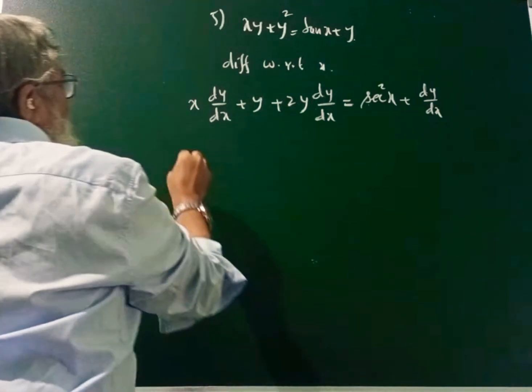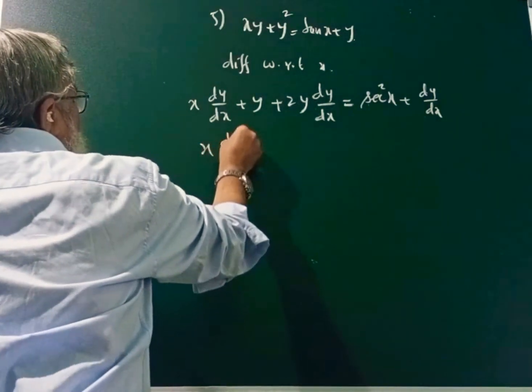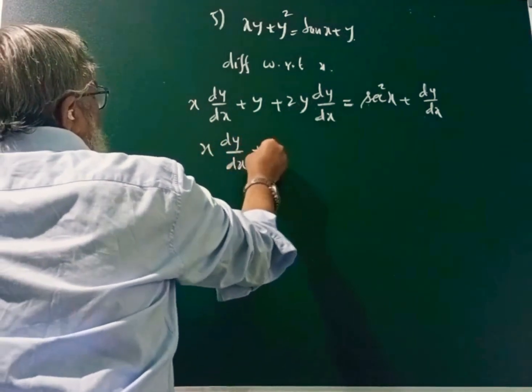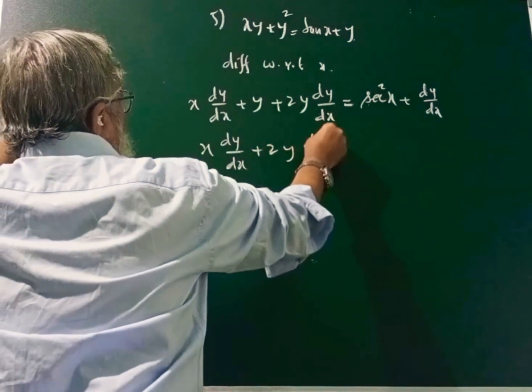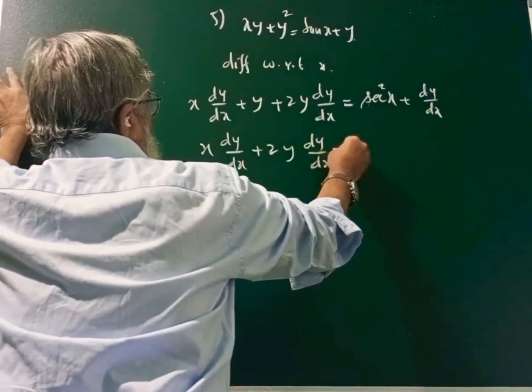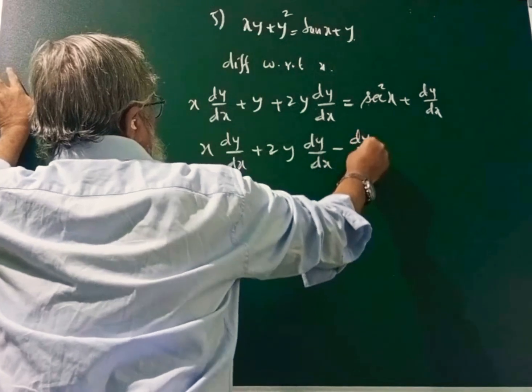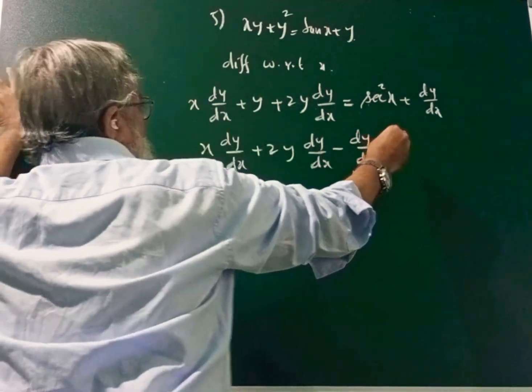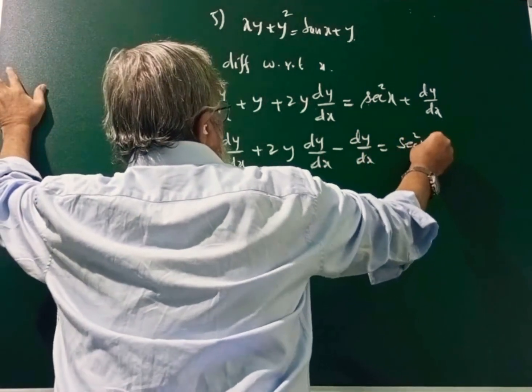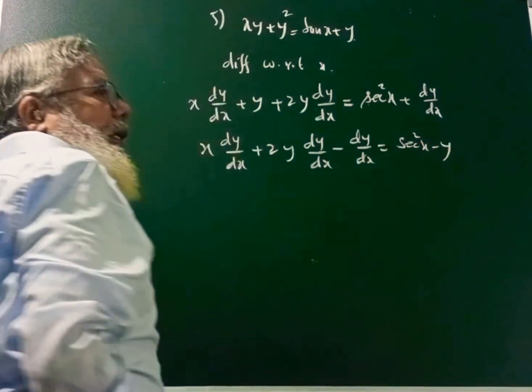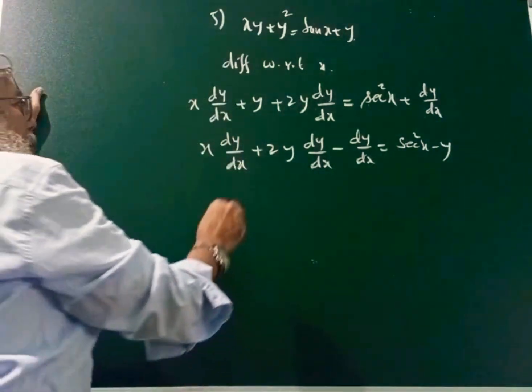Now we take the terms containing dy by dx to one side. x dy by dx plus 2y into dy by dx minus dy by dx is equal to sec square x minus y. We take dy by dx common.